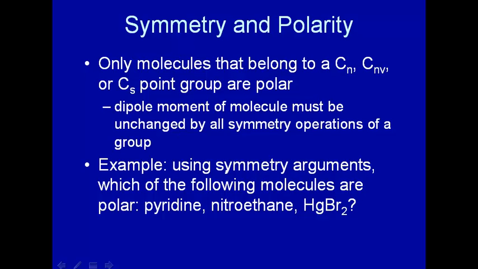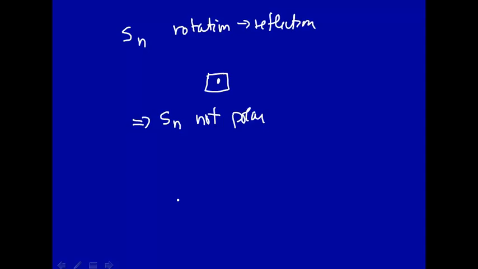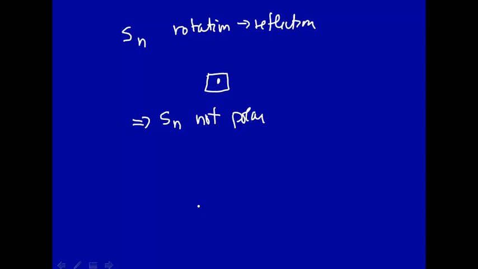All right, let's do this example. Which of the following molecules are polar, using just symmetry arguments? We have to figure out what point group each one of these is in, and for that you have to know what the structure is. So let's look at pyridine.